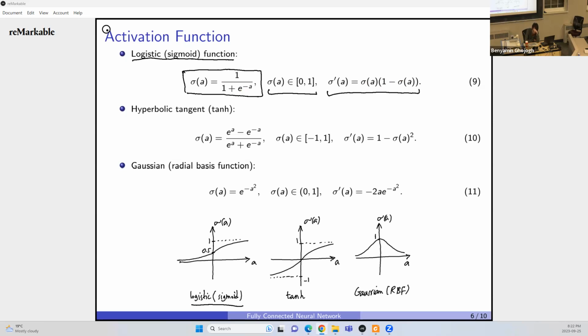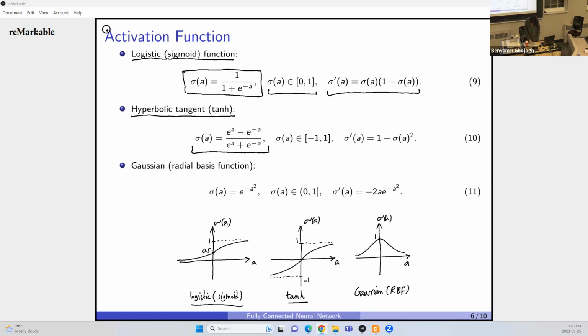Okay, the other one is hyperbolic tangent, or tanh. What is that? It's e to the power of a minus e to the power of minus a, and in the denominator is the same but with plus. So of course it becomes between minus 1 and 1.